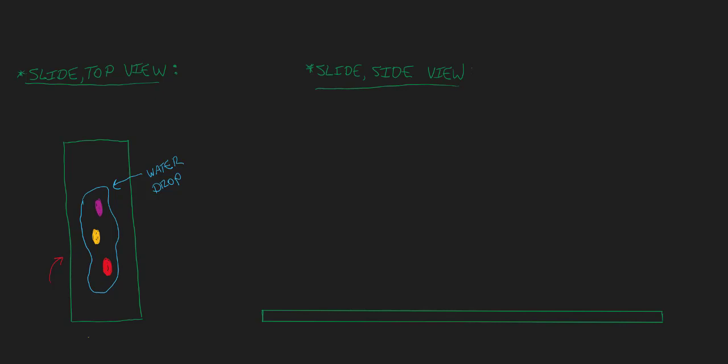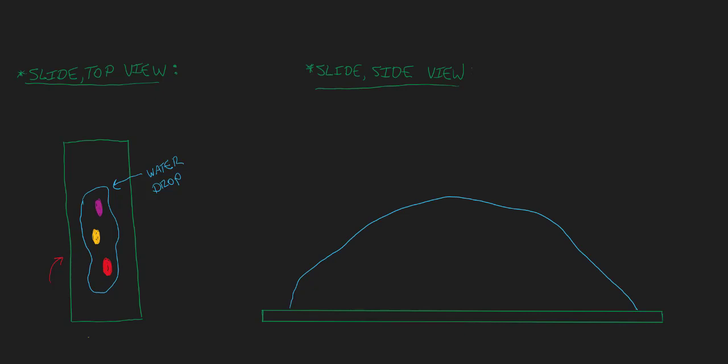But if we were to look at this slide from a side view, if we were able to look very, very closely at the slide from the side, what you would see is that the water droplet isn't flat. It isn't just plastered down flat on top of that piece of glass. Instead, the water droplet is a three-dimensional space sitting on top of that glass slide.